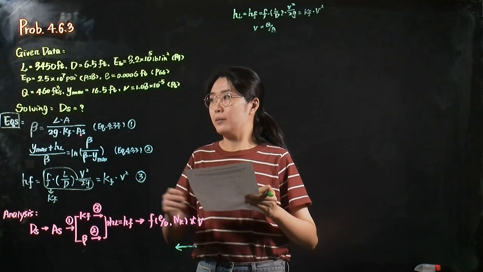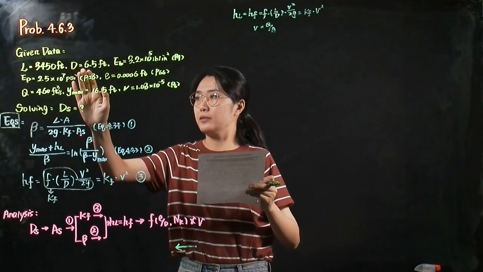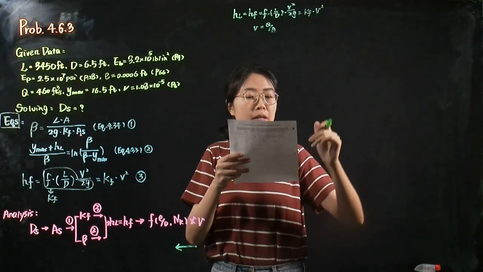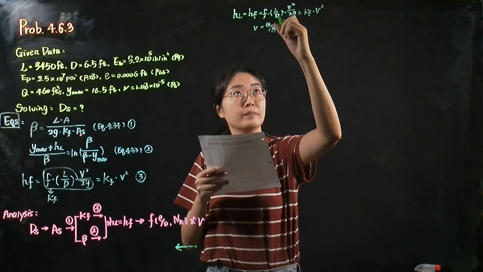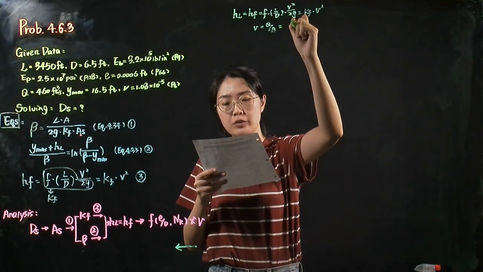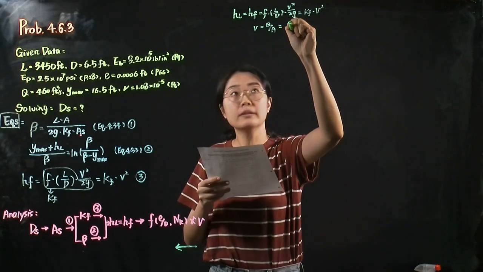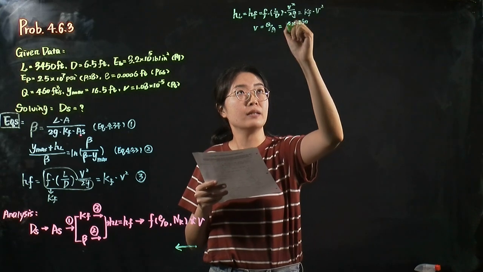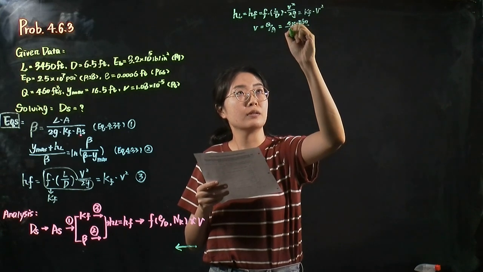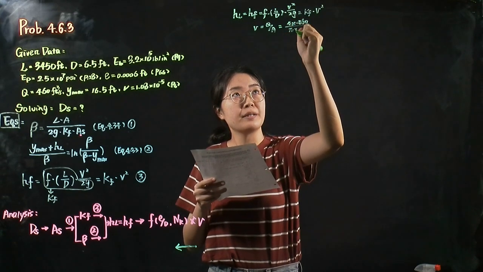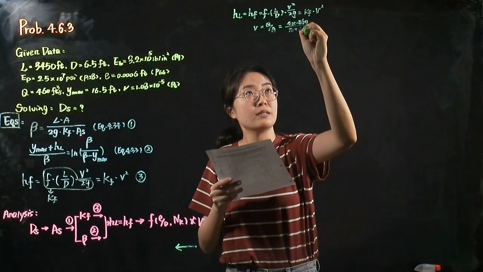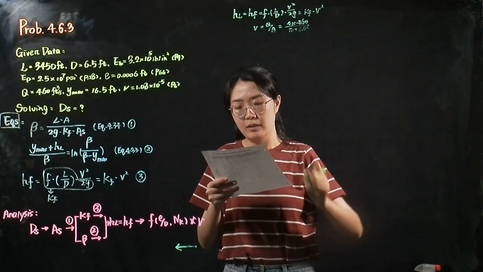The area, because we already know the diameter of the pipe, we can calculate. The velocity equals 4 times 460 over pi times 6.5 squared.